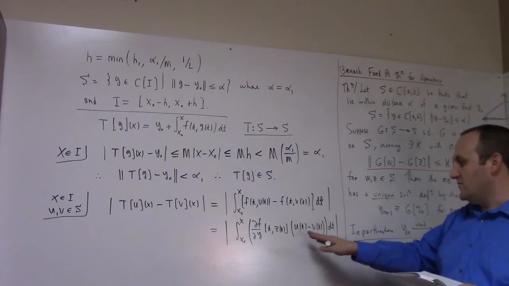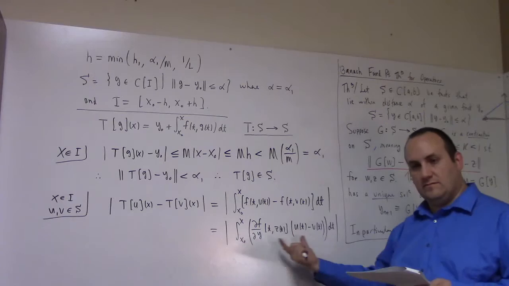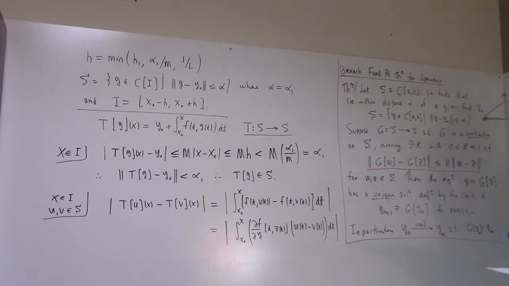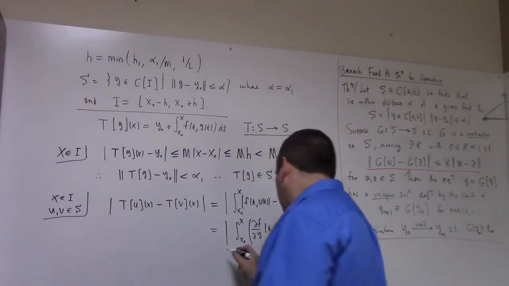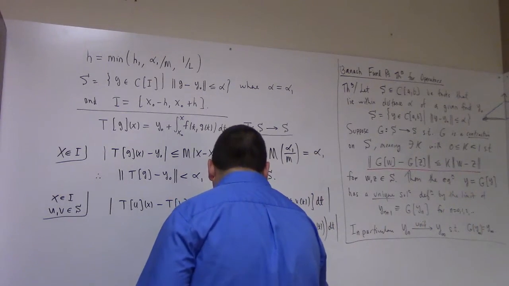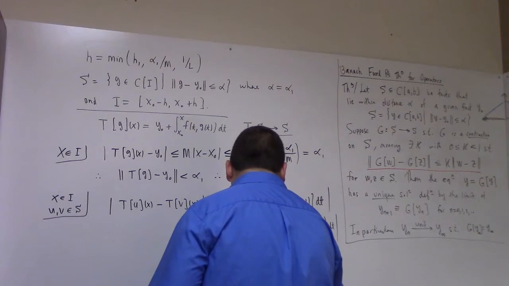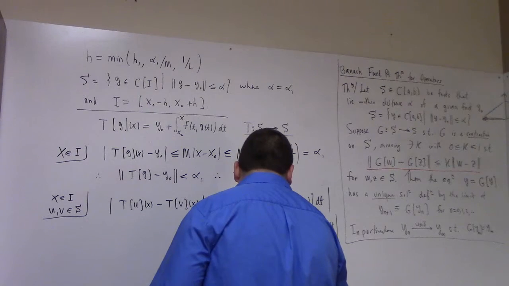Right, because you're doing it at each t. But I can do that because I have continuity of partial f partial y. And then what? We have a bound on partial f partial y. Right. This is less than or equal to L times the absolute value of the integral from x naught to x of u of t minus v of t.